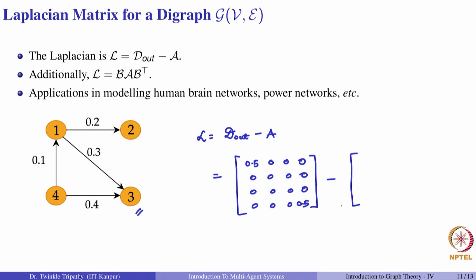And let us draw the adjacency. We see that there are no outgoing edges from 2, hence this entire row becomes equal to 0. And the same holds for 3, and for 4 there are 2 outgoing edges.